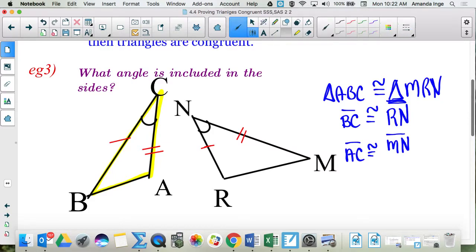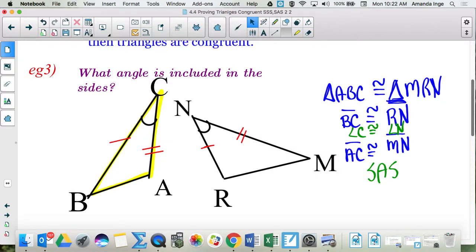And because angle C is congruent to angle N, I can say that these two triangles are congruent because of side, angle, side. If you point to it with your pencil, side, angle, side, it's easier to come up with the correct answer when we're going over all of them. Everybody clear about that?